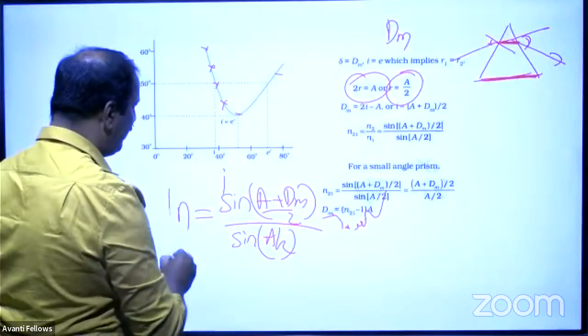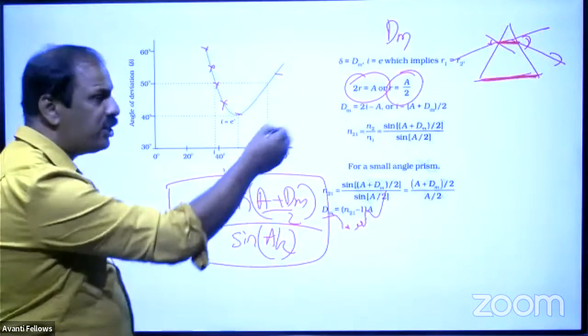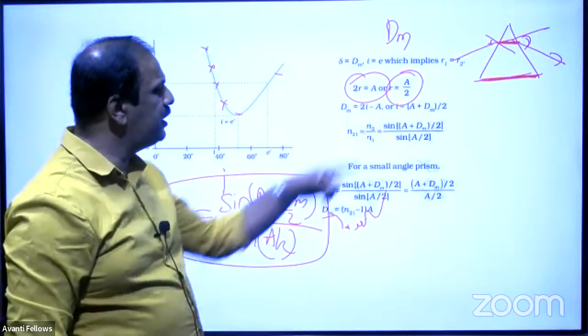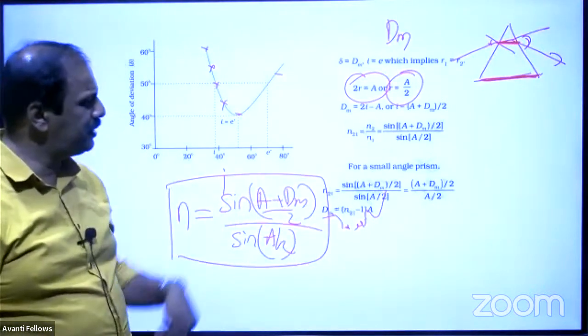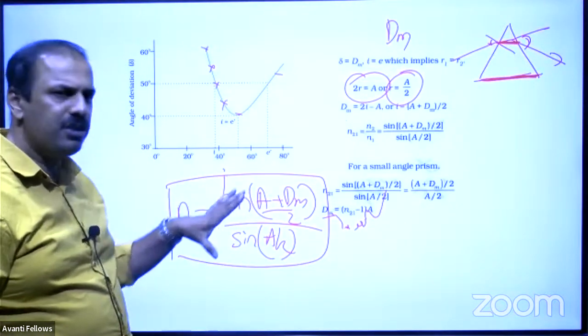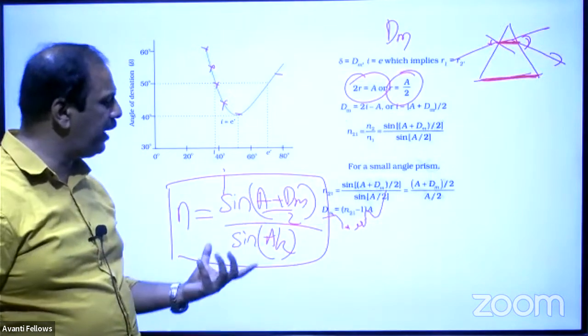Okay, so you will get the equation, and I know some step is missing in that, in the previous page actually. Okay, so just you should know this is the equation for refractive index.